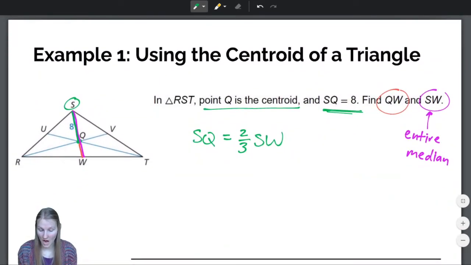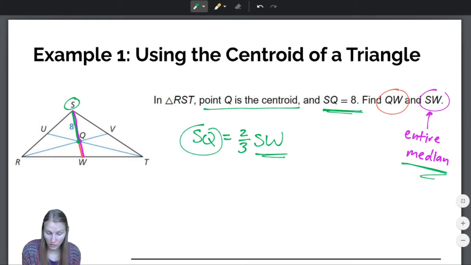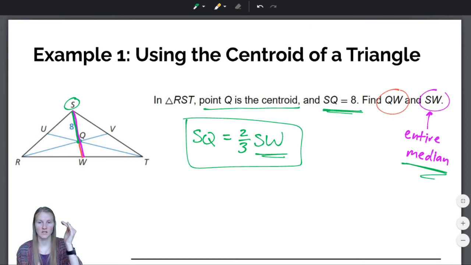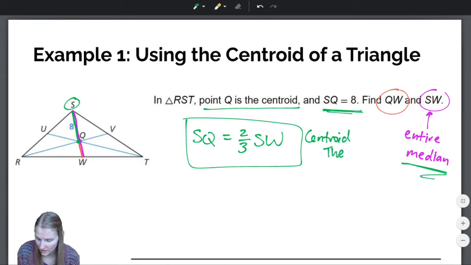So SW is the entire median, and SQ is from the vertex to the centroid. So I know that SQ is 2/3 of the entire median. We got this from the centroid theorem.